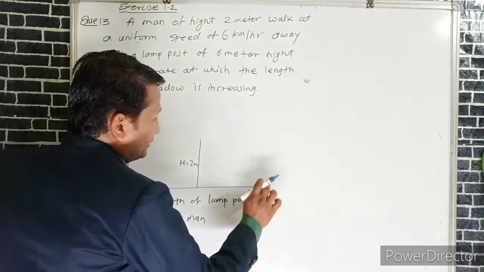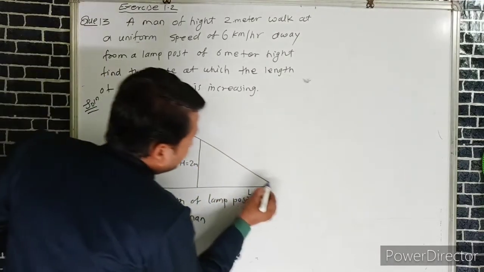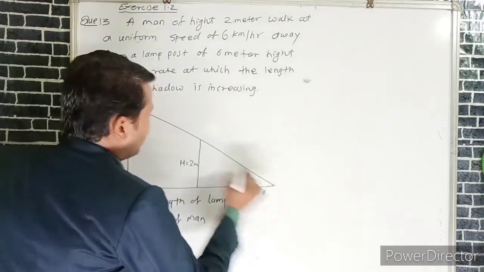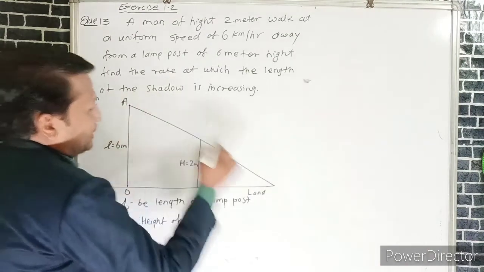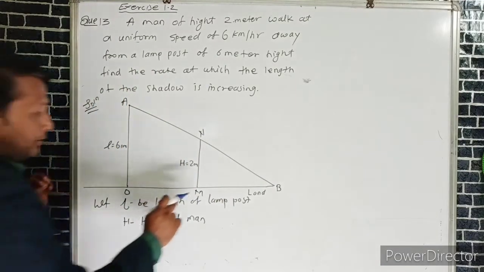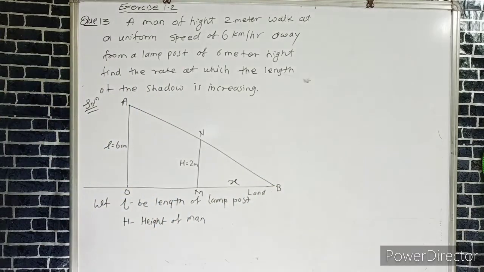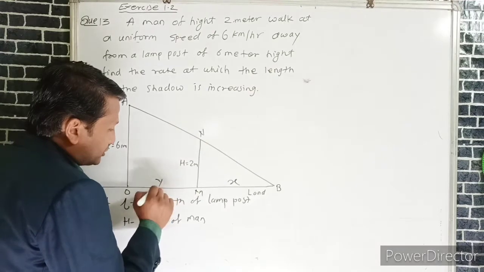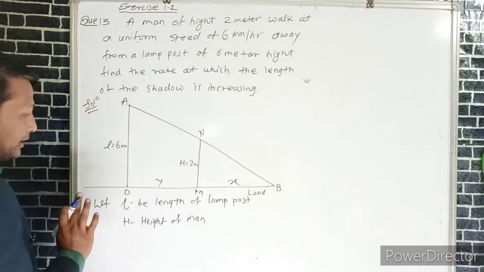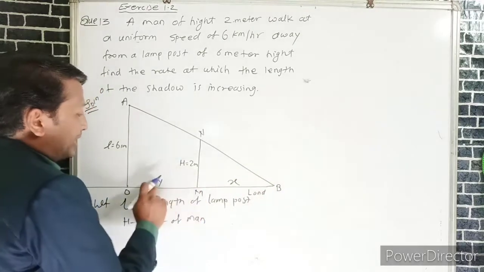Hence we can say that the shadow of the man and the lamppost here, O, A, B, M. Let the shadow of the man be B, which we consider by X, and the remaining part OM we consider Y. Here we have to find the rate at which the length of the shadow, OB, changes, that is X plus Y.